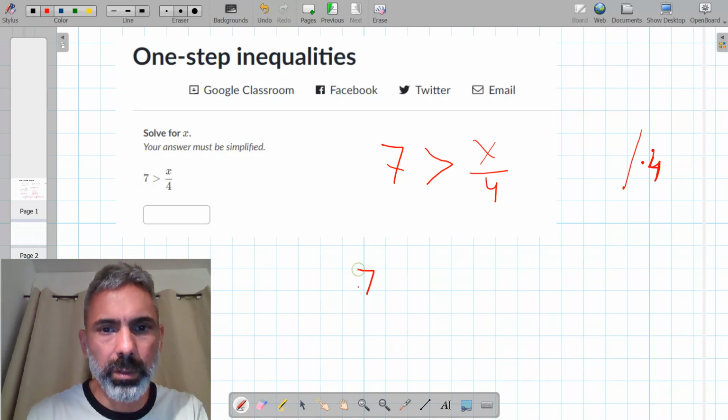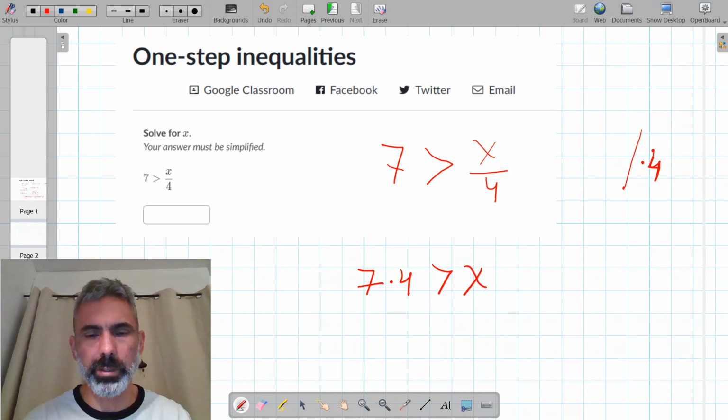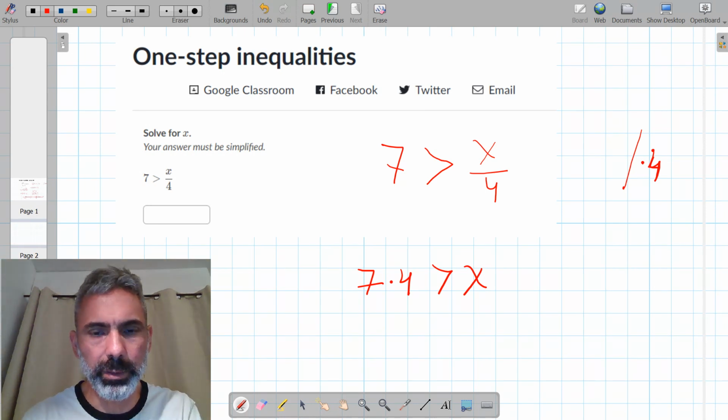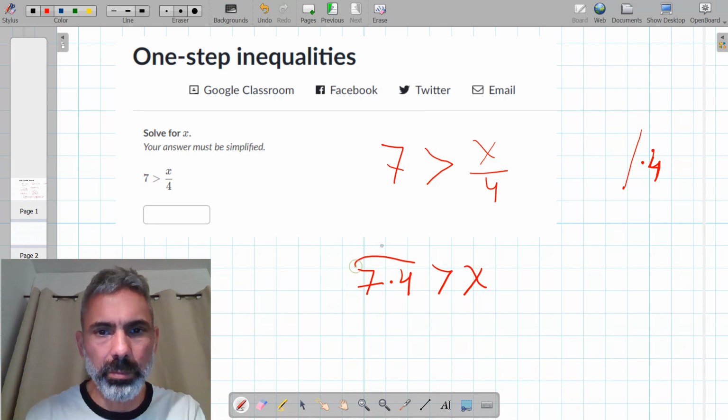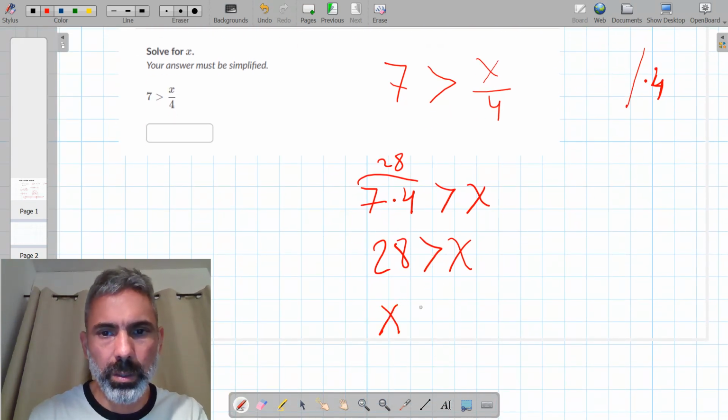So 7 times 4 is greater than x, because x divided by 4 multiplied by 4 gives us just the x. So 7 times 4 is 28. 28 is greater than x, or x has to be less than 28.